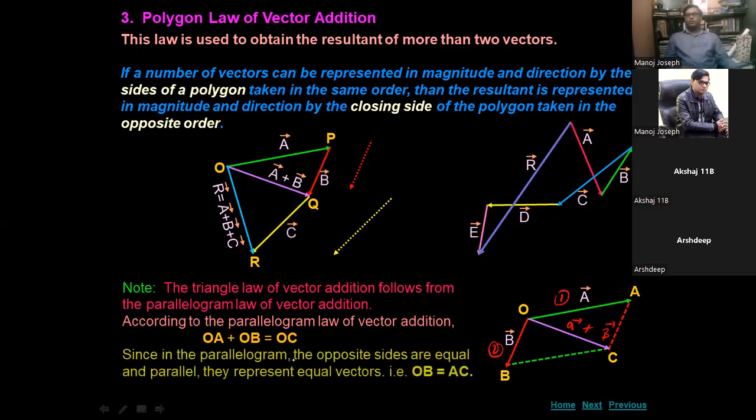Since in the parallelogram law the opposite sides are equal and parallel, they represent equal vectors, and OA plus AC equals OC. So it is the triangle law of vector addition again. So we can derive even the triangle law out of the parallelogram law of vector addition.